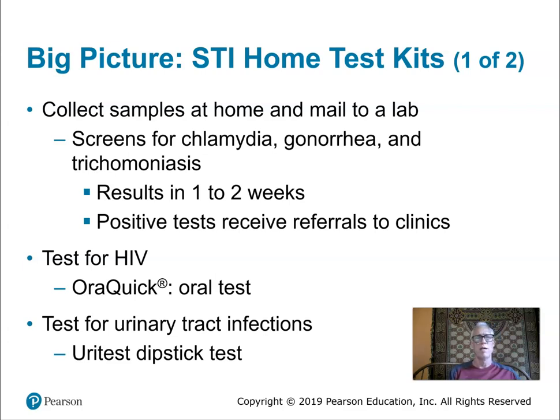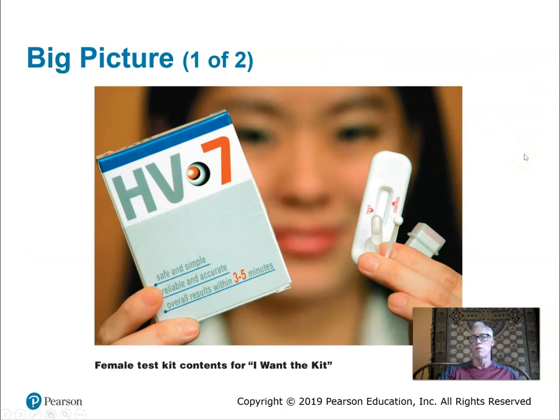Is it an STI? So it's really good to have these things available. And some of them you send away the sample to a clinic for professional testing. Some of them are right on the spot tests, urine test, dipstick test, for example, or a quick test. There's just a picture of one particular example of a quick test, a home test.